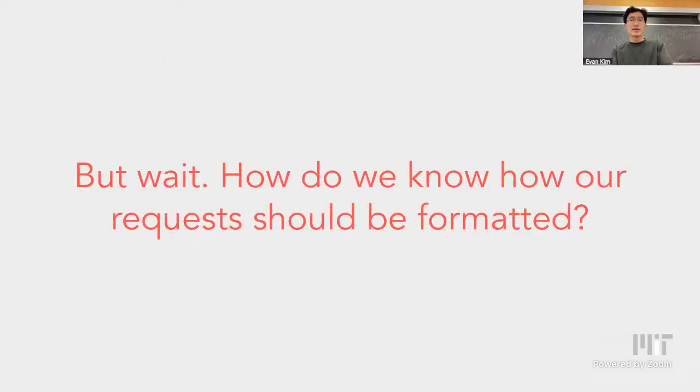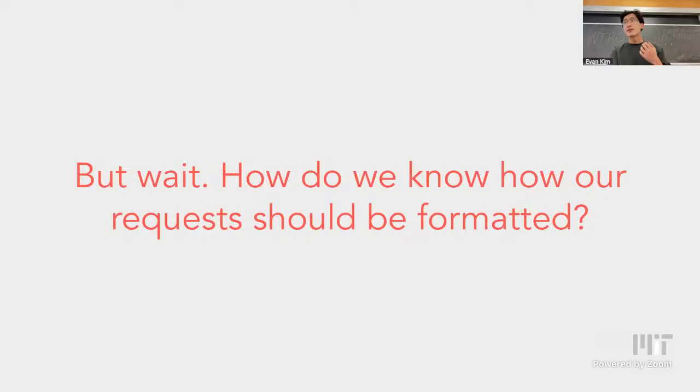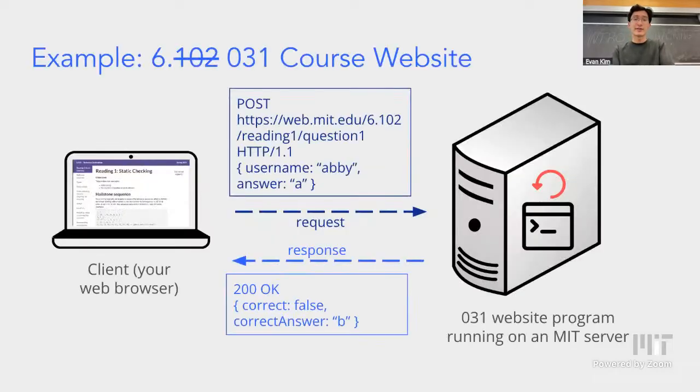So now let's say that you don't know the person who owns the server. You don't know what format they want your request to be in. None of that. How do you learn this information? For example, for the 6102 website, we have this request up here.